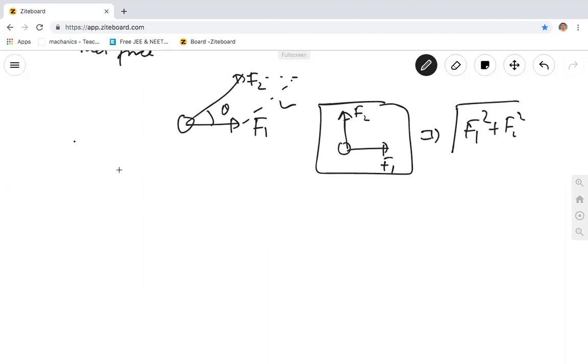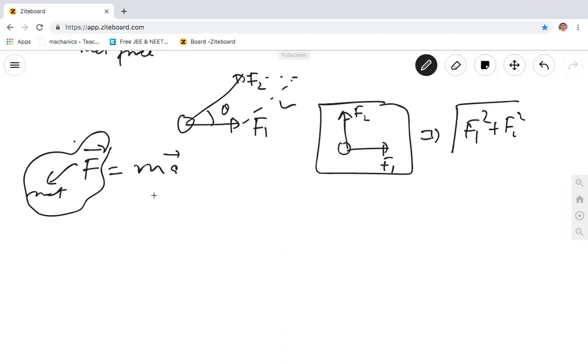So when I say F is equal to ma, this formula seems to be quite simple, but this F is the net force. Sometimes you may have to find this net force by addition of forces through vectors. And this m is mass, no problem, mass will be given, and this a is the net acceleration. It is very, very important to understand this equation.